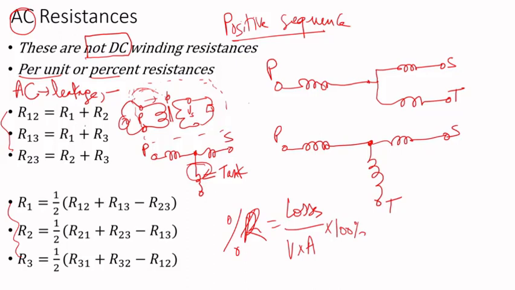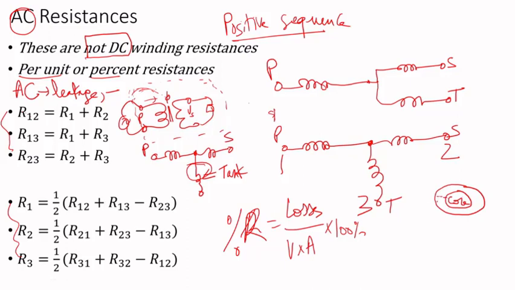Since it's leakage, you measure resistance between winding 1 and 2. If we call primary winding 1, secondary 2, tertiary 3, then if you look at the cross section from the top, you have the core leg.